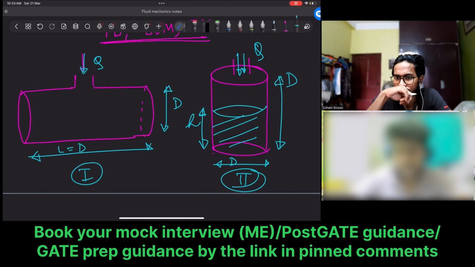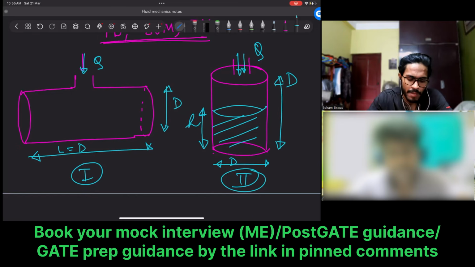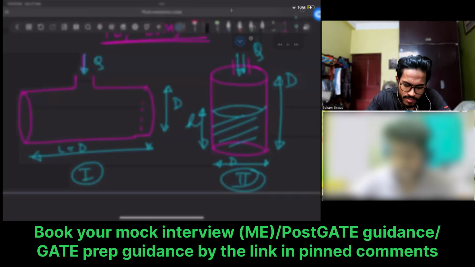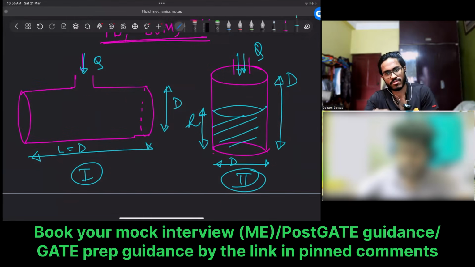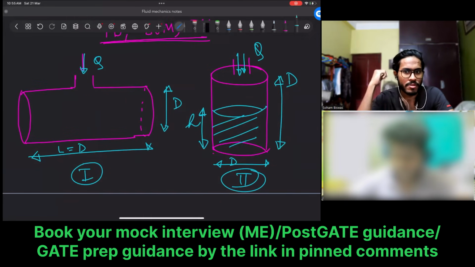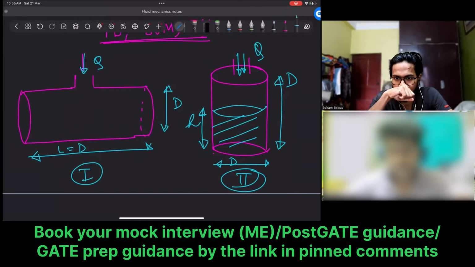For case 2, area is constant. Discharge is constant, right? You have to draw the H versus time graph. H is Q by A into T. At T equal to 0, height will be 0.